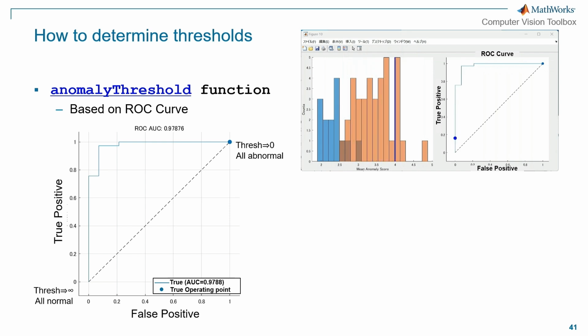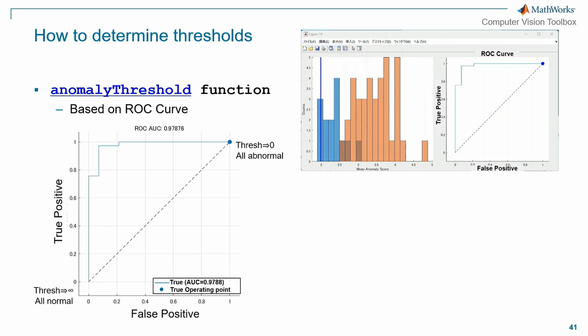The x-axis is the false positive, the y-axis is the true positive. Ideally, that corner here should be the best. Basically, there's zero false positive, and everything positive is true. So every anomaly is detected, and none of them is missed. That's the ideal. Then we can use this anomaly threshold function to automatically get the best threshold from this ROC curve.